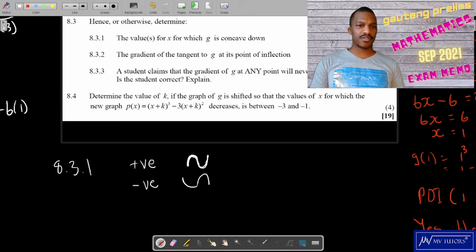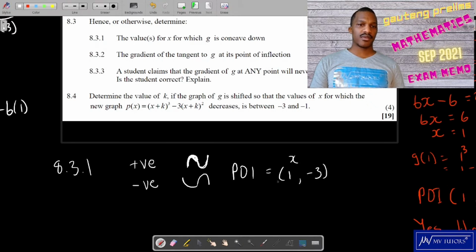So they are looking for this part, and it's only from here to the point of inflection. Now we have solved that the point of inflection is at (1, -3).